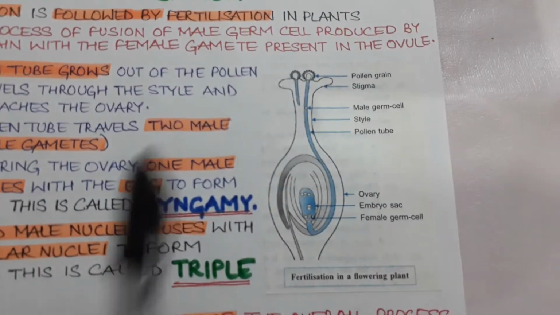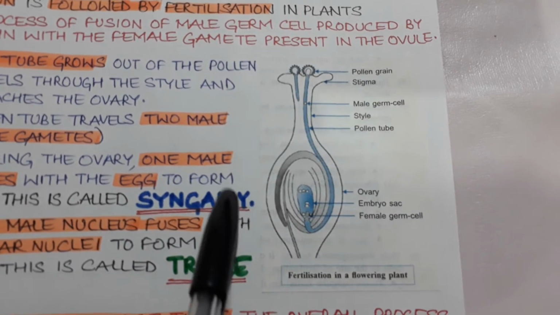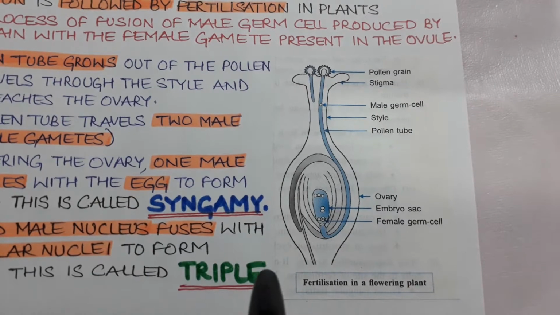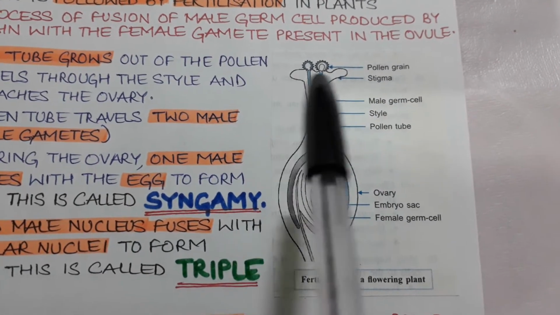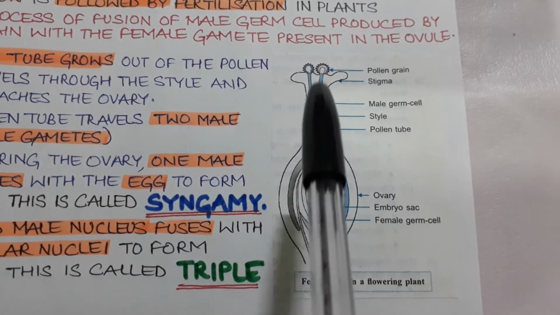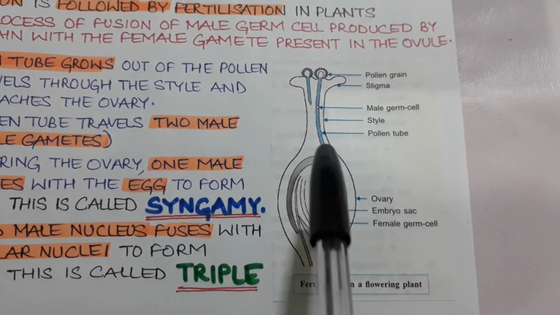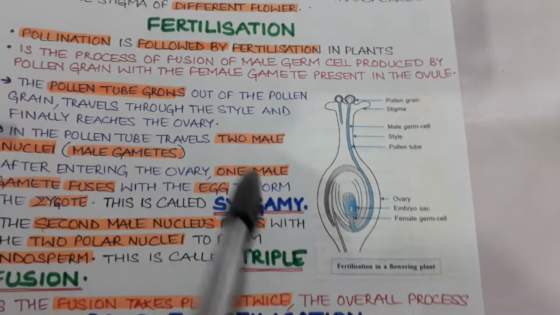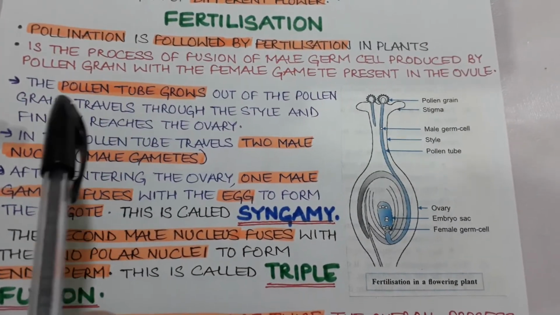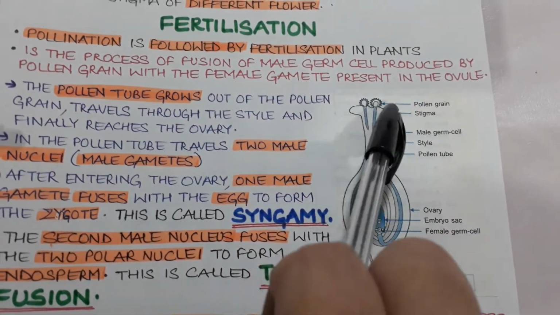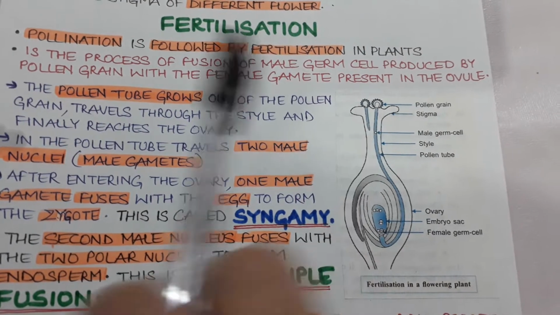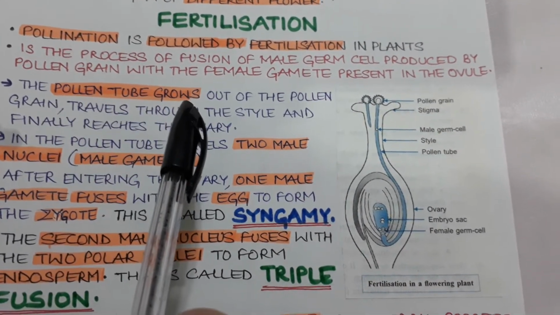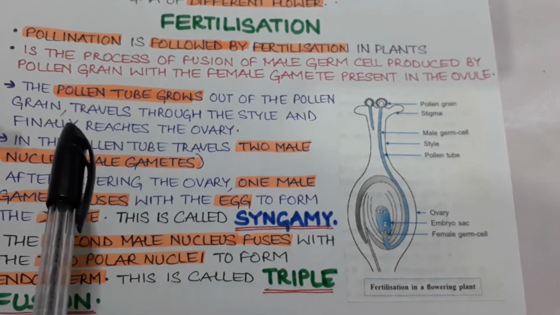This is the diagram of the female reproductive part, that is the carpel or the pistil. It has three parts: the stigma, the sticky part, a long tube, that is the style, and a swollen basal part called the ovary. Students, as soon as the pollen is shed on the stigma, from these pollen grains, pollen tubes start to grow out of the pollen grain.